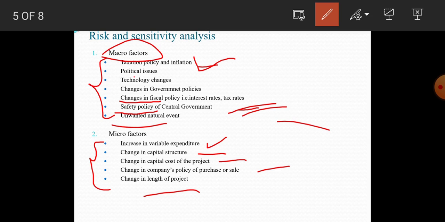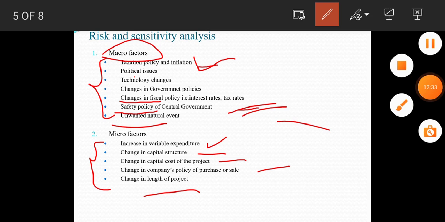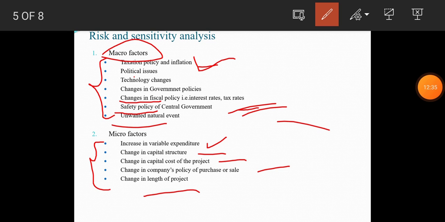So we will generally differentiate all the financing options into three categories. It is long term, medium term, and short term. So the long term finance.